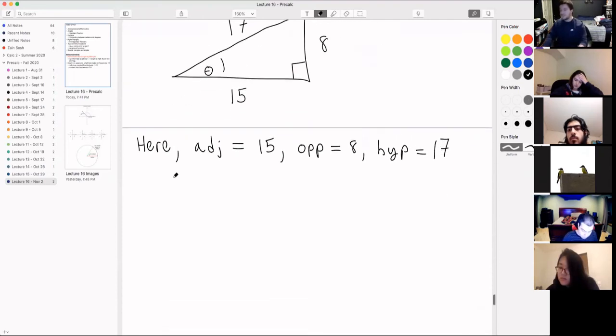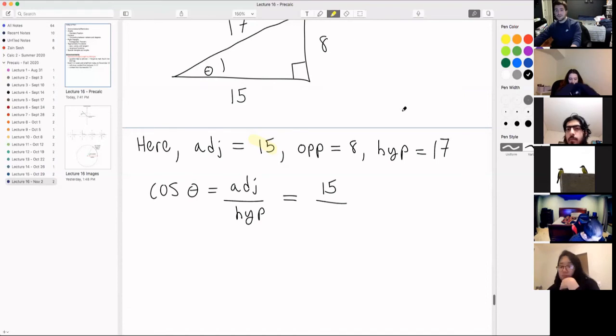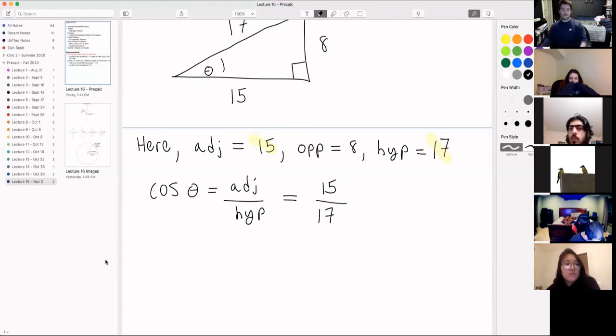Good. Now it's very easy to find cosine and sine. So cosine of theta, by definition, is adjacent over hypotenuse. Good. So now let me just plug in everything. Adjacent is 15. So I put that in the numerator. And then in the denominator goes the hypotenuse, which is 17. So it'll be 15 over 17. That's the first one.